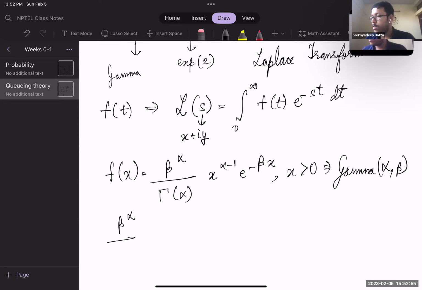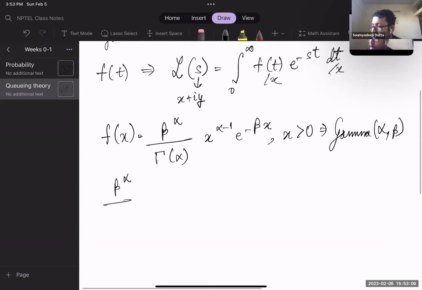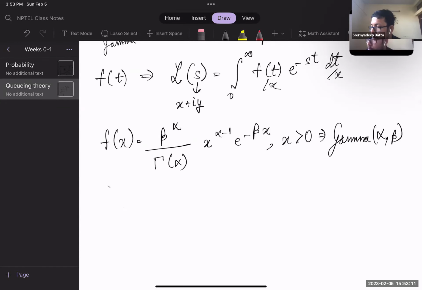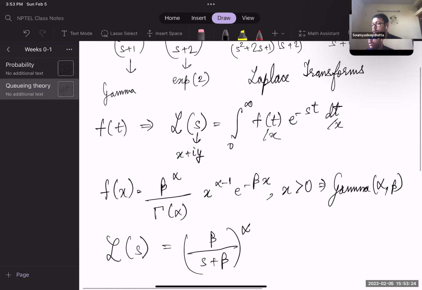If you put in f of x here, dx doesn't matter, it's the same, then it will be dx. If you plug it in and compute this value, you will get something like beta to the power alpha. So I'll write the proper notation: L of s for a gamma distribution equals beta by s plus beta, to the power alpha.